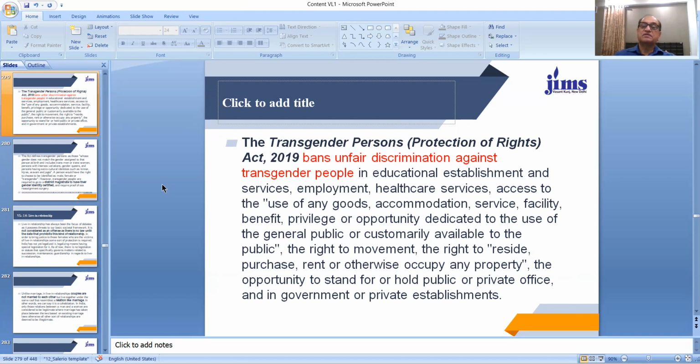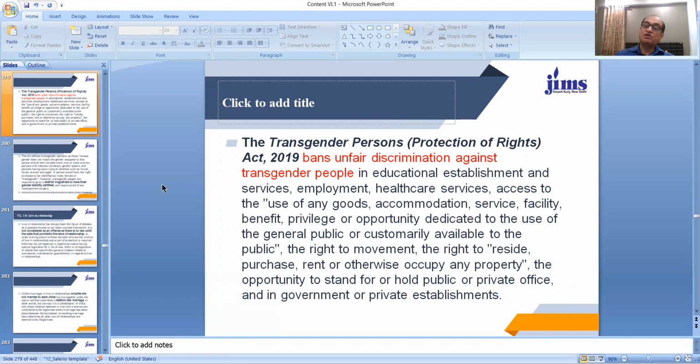It includes the right to movement, and the right to reside, purchase, rent, or otherwise occupy any property.